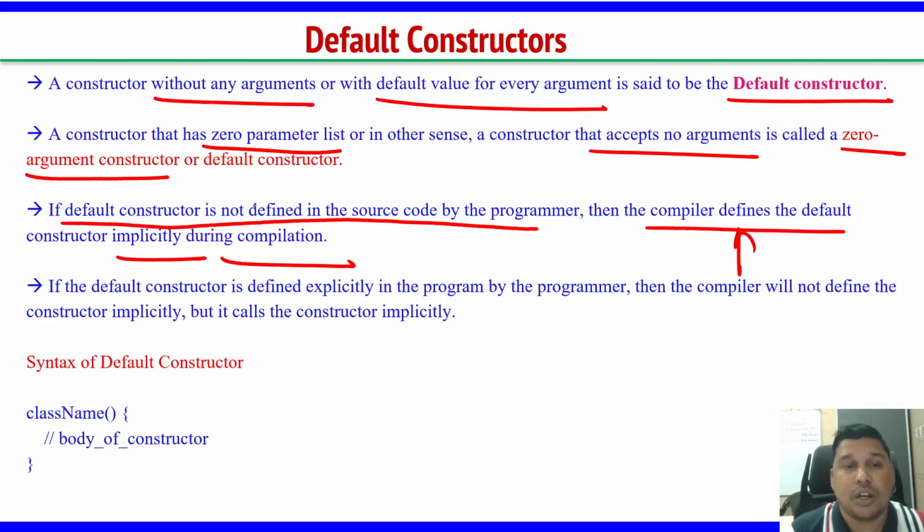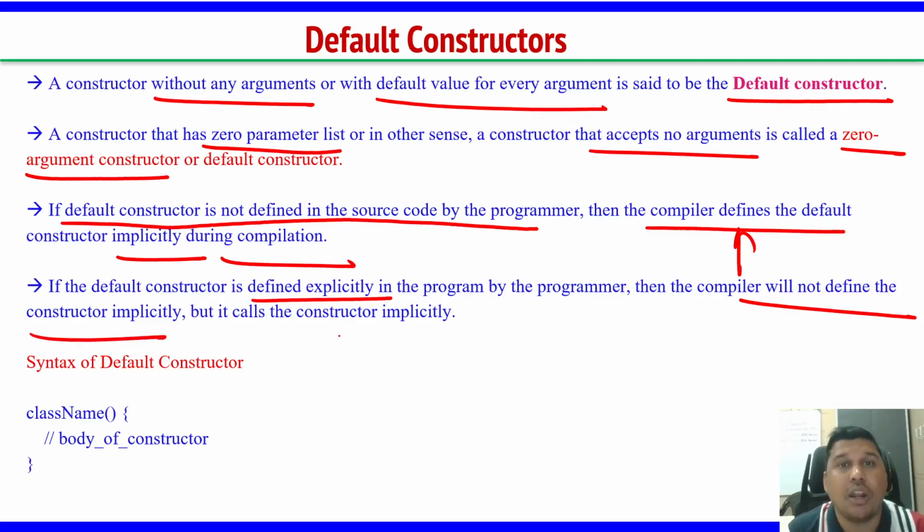So the next point: if the default constructor is defined explicitly, then the compiler will not define it implicitly. It will call the one which you have defined. But if you are not giving one, it is creating it. So it means in whatever class programs you have written till now, everywhere a default constructor was being defined by the compiler during the compile phase.